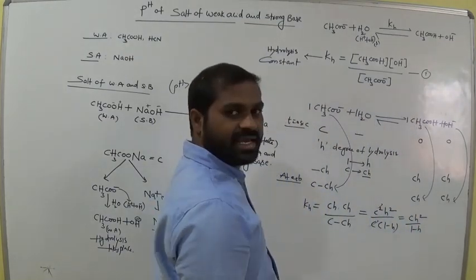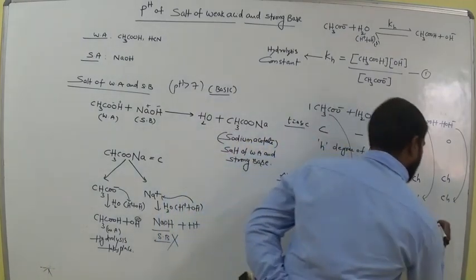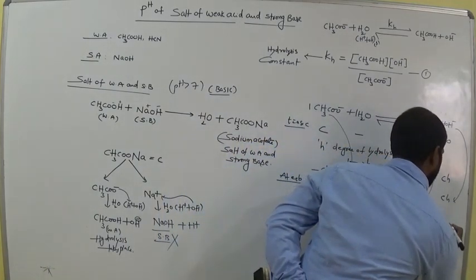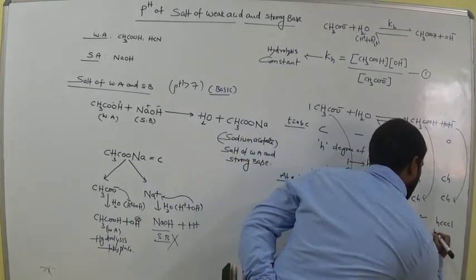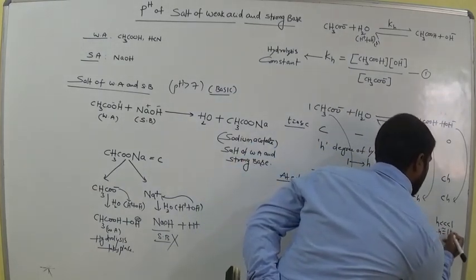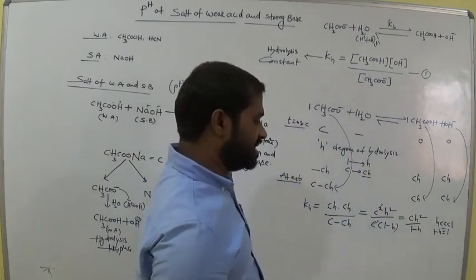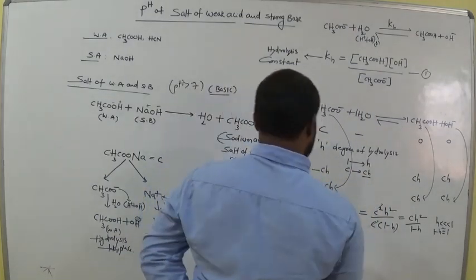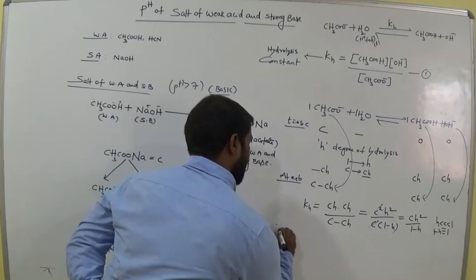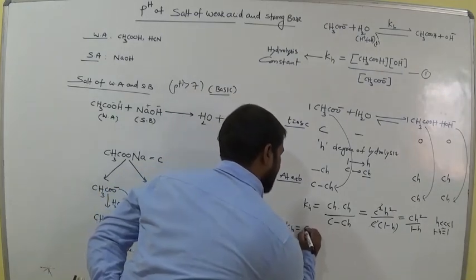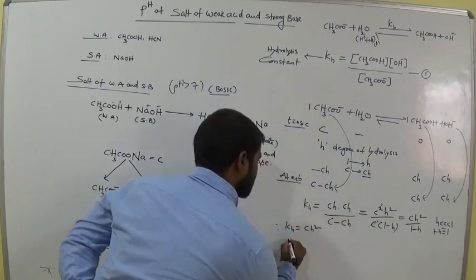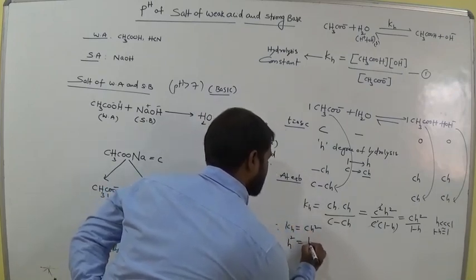Am I right? Clear? But the h value is very much less than 1. So then 1 minus h is approximately 1. So finally here we have Kh equals Ch square. Am I right? From this one, h square equals how much?